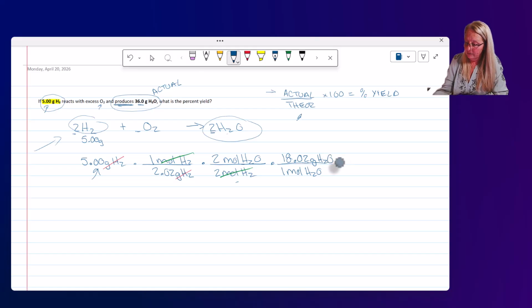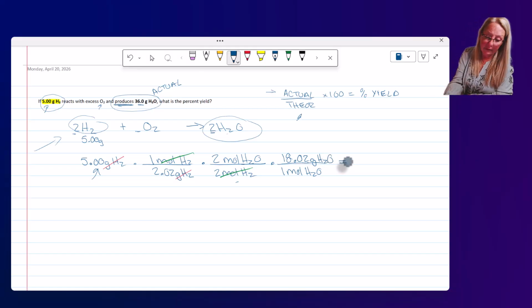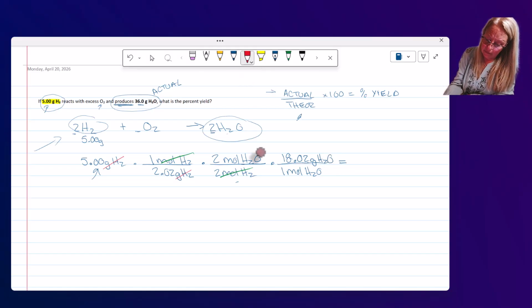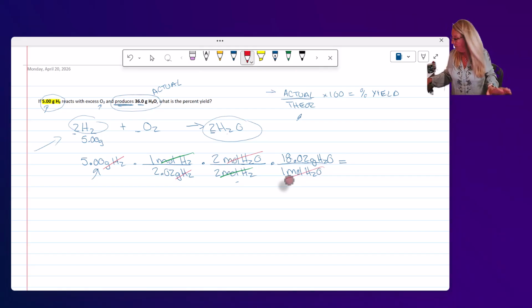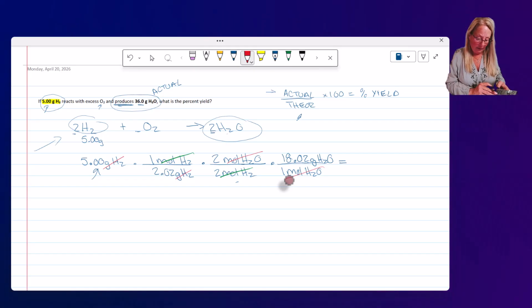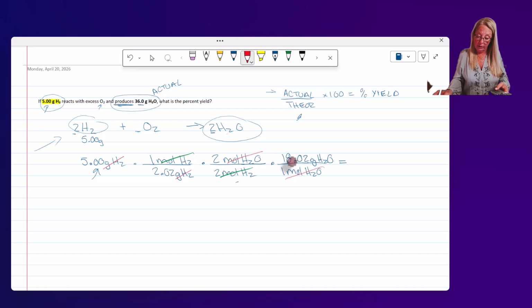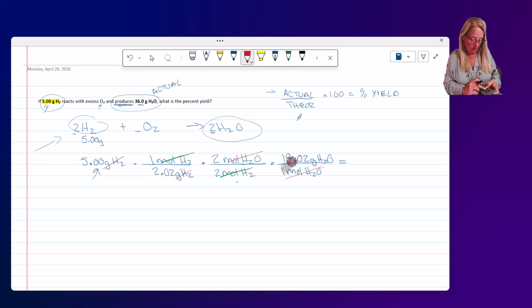I put that into a calculator. Let's go ahead and cancel things out first. The mole of water cancels with mole of water. I'm in my calculator, I'm going to put 10 times 18.02, so 180.2. So 5 times 2 times 18.02.